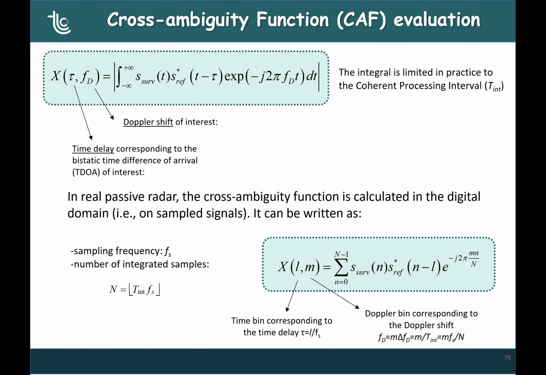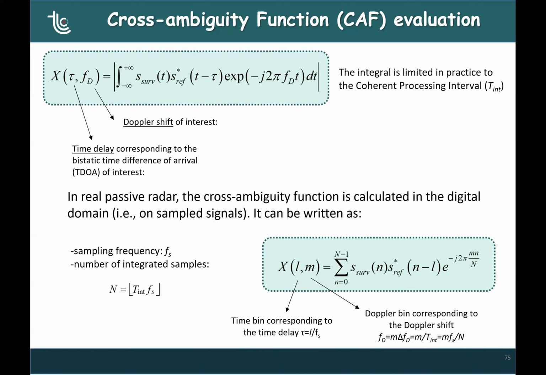Now, let's look more in detail into the cross-ambiguity function evaluation. Let's go back to the definition. So X is the ambiguity function, and Ft is the Doppler shift, so the bistatic Doppler frequency, and tau is the bistatic time delay.